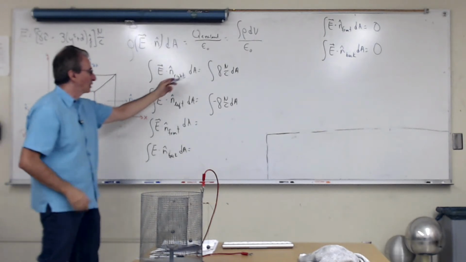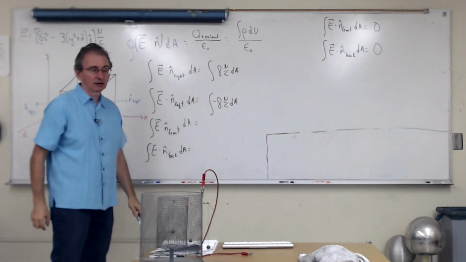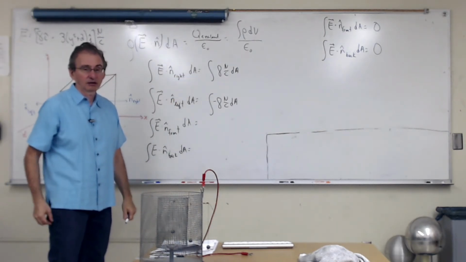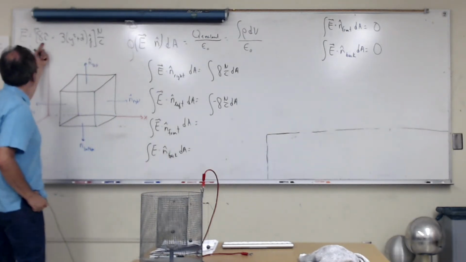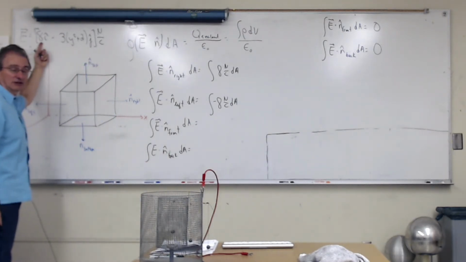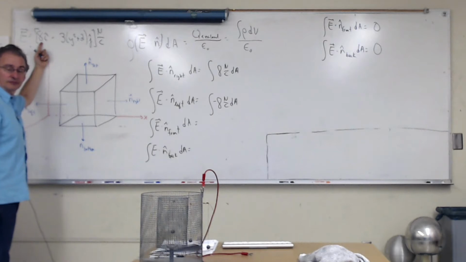I want to add these two. What am I going to get? 0. And you know why? It has to be 0 because this is a constant. We talked the other day about the flux through a uniform field.